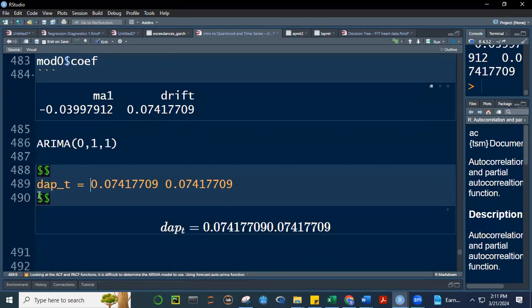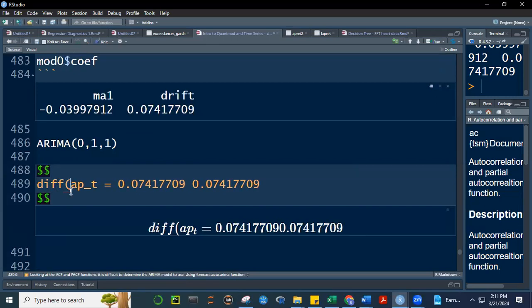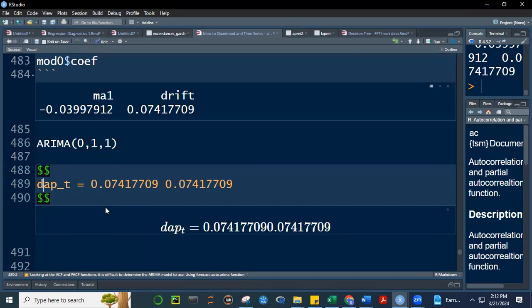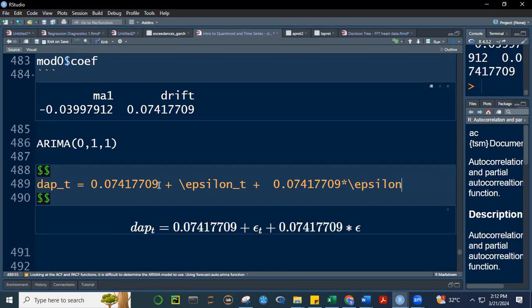Okay, i-define lang natin. Or we can just put DAP, where DAP is the difference of your AP. And then this is our constant plus epsilon_t, plus this one times epsilon_(t-1).